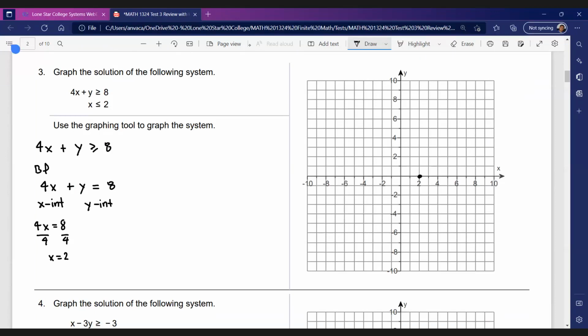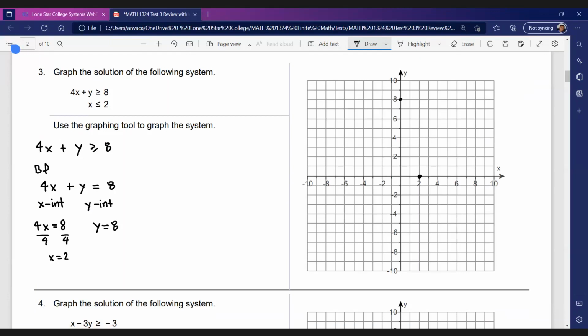In order to graph a line, we just need 2 points, so I tend to find the x and y intercepts. To find the y-intercept, completely forget about the x term and write the equation y equals 8. There's nothing to solve here. The y-intercept must be the positive 8 value.